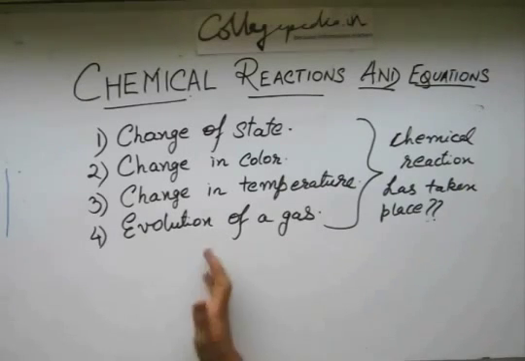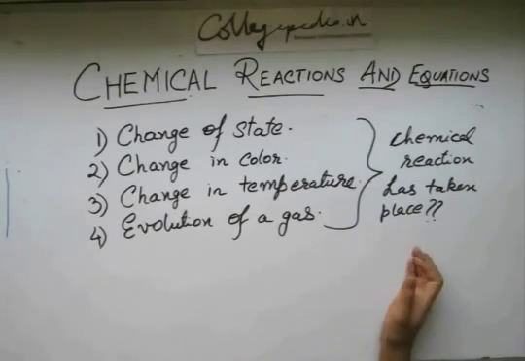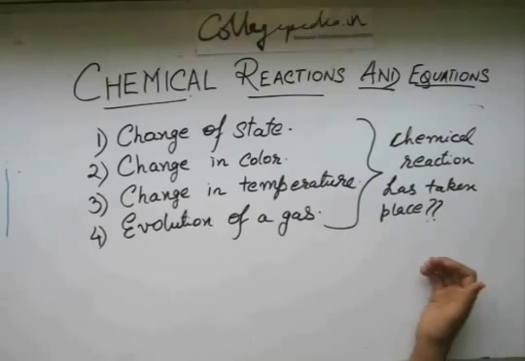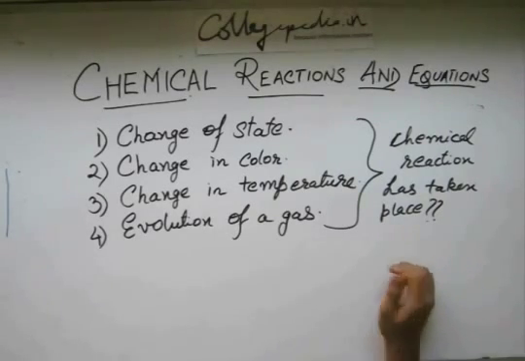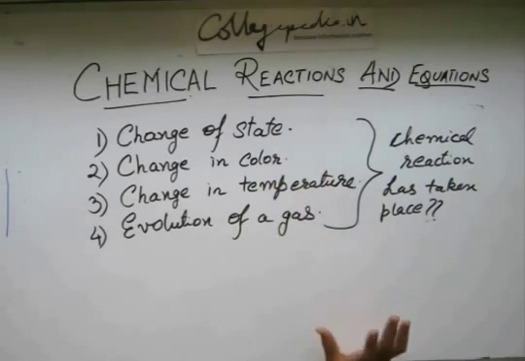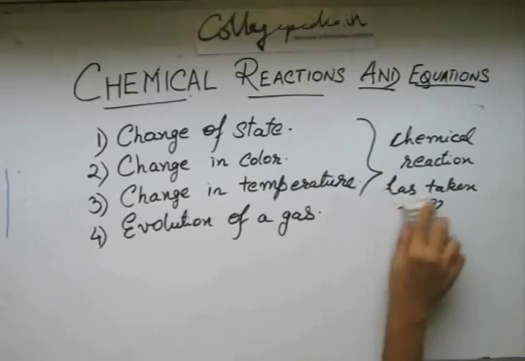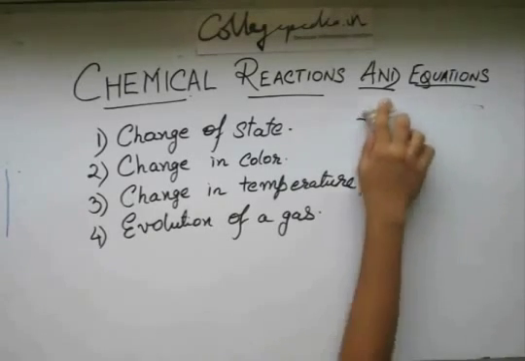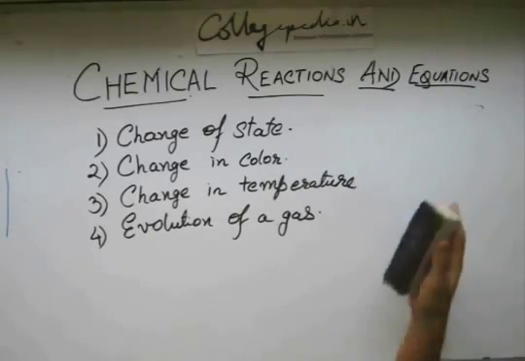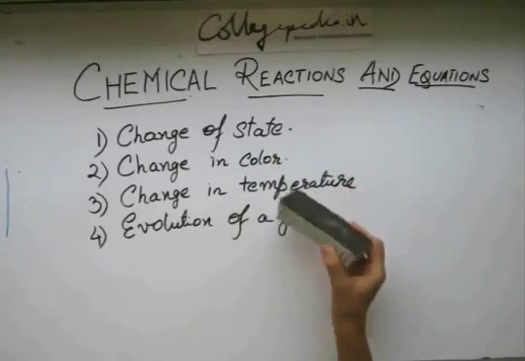So there might be a direct question where you can be asked what factors determine that a chemical reaction has taken place. So you need to write down these 4 things. And they can also ask you to give examples. So like I gave the examples, just give one example of each factor.